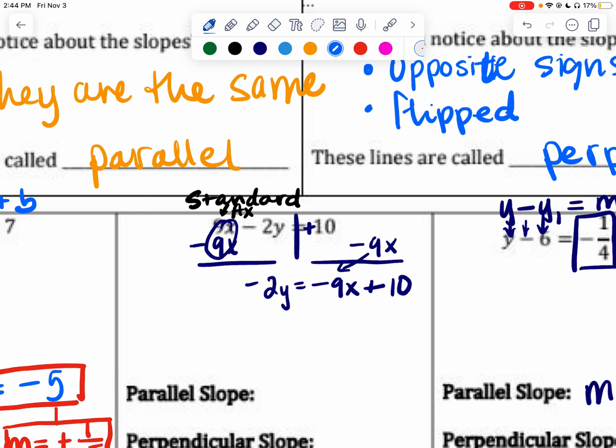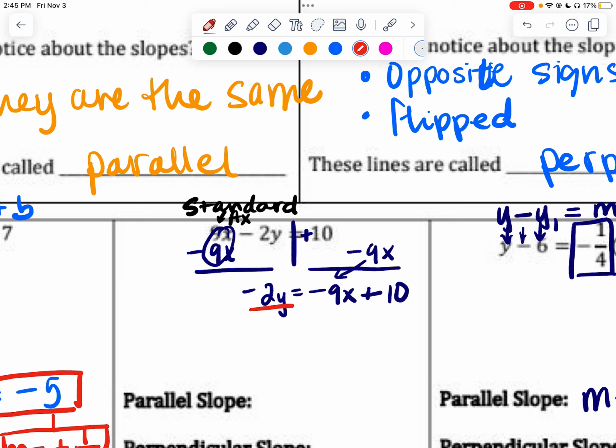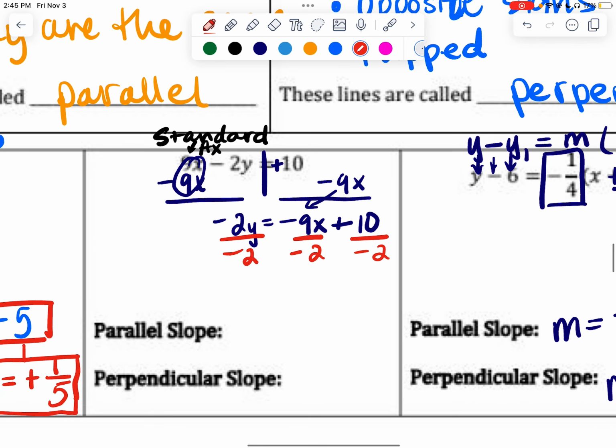Okay? Now I'm just going to do one more thing. I still don't have y by itself. So if I divide by -2, I could get that to be by itself. Keep in mind that when you divide, you're going to divide everything.